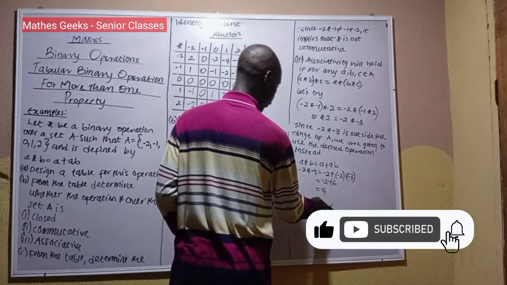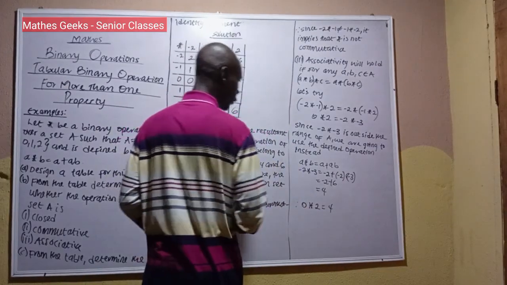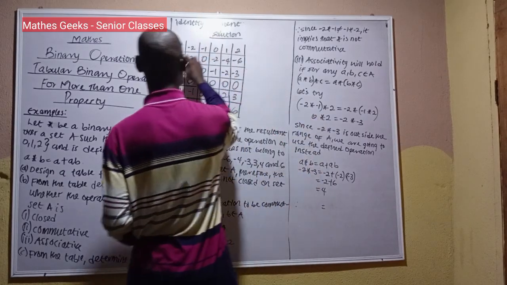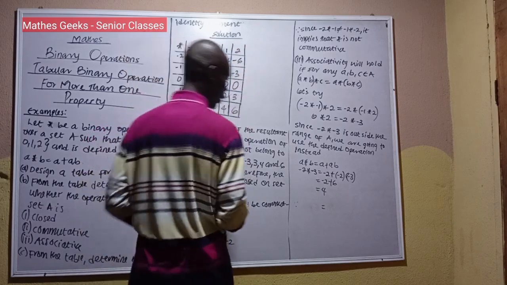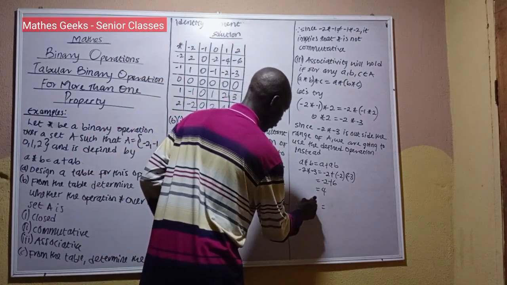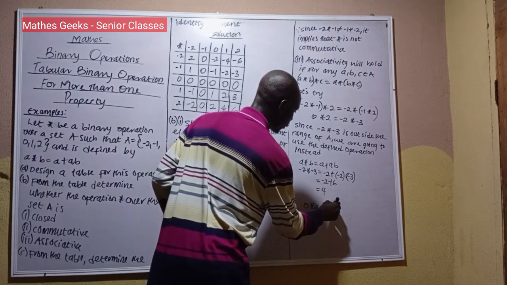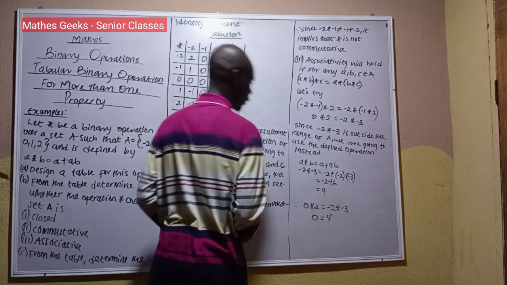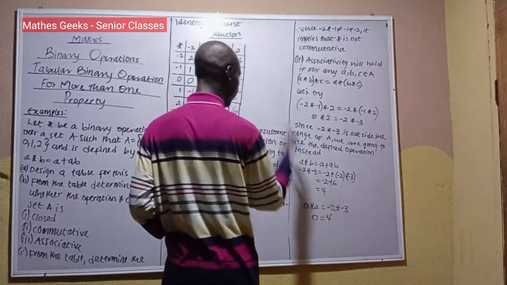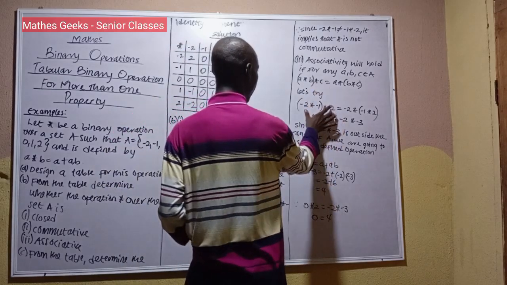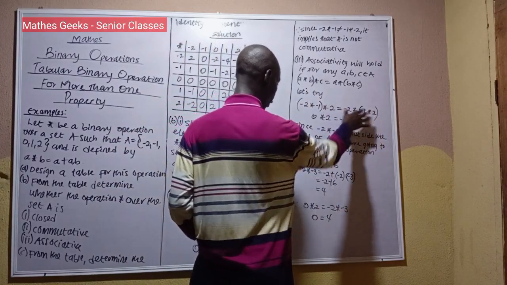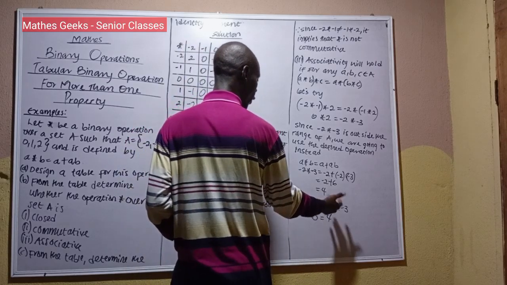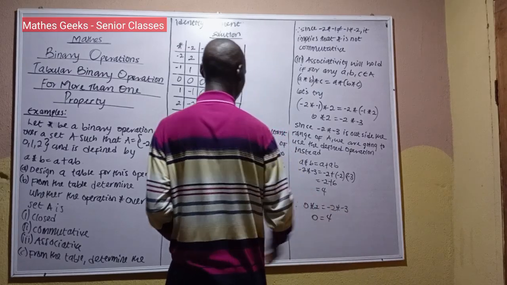So what is 0 star 2? 0 star 2 is 0. Therefore, 0 star 2 equals the left-hand side, while the other side gives a different value. Now, if star is associative, what you have here should be equal to what you have here. But from what we have seen, what we have on the left-hand side of the equation is not the same as what we have on the right-hand side.